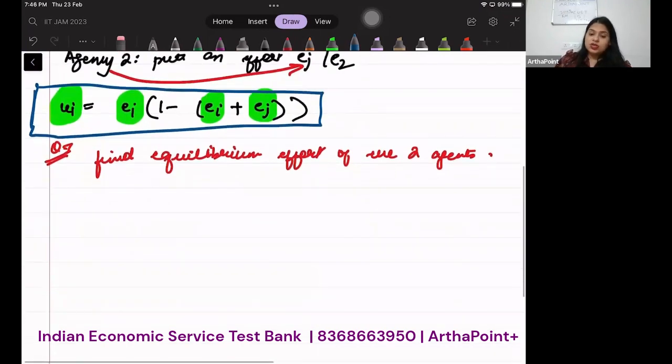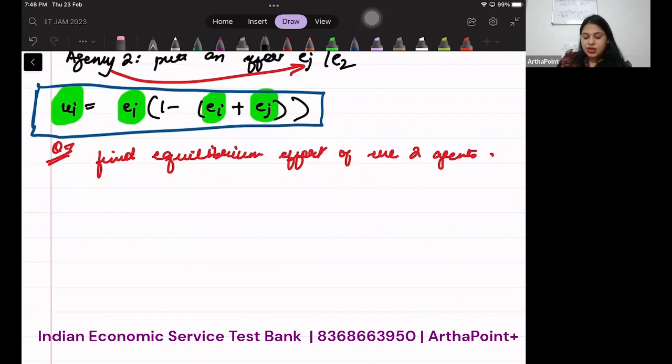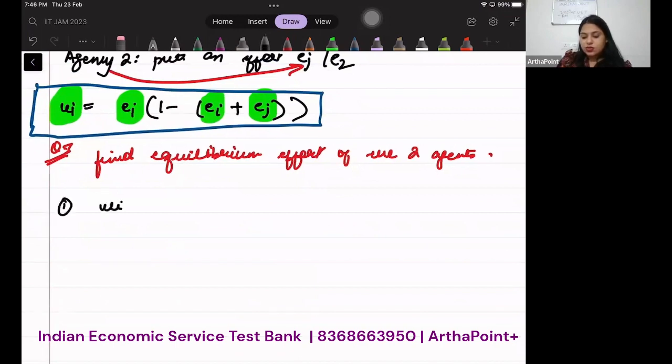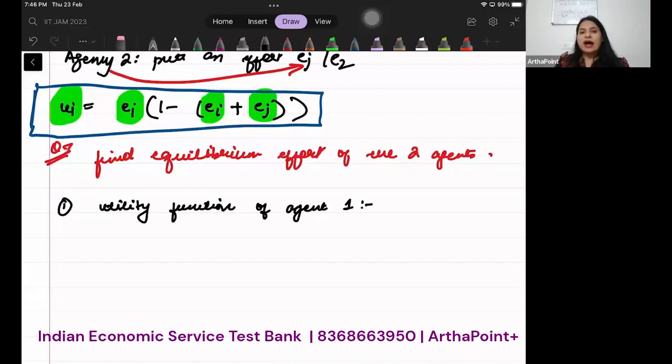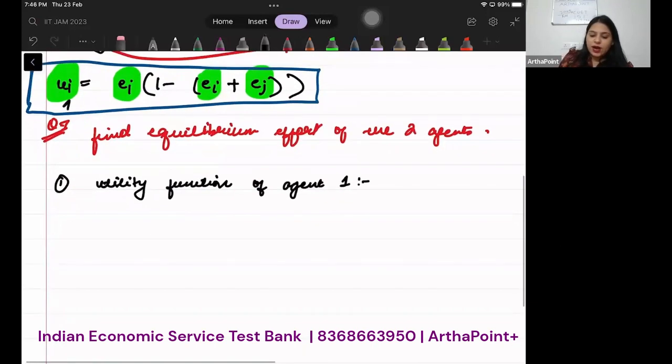Now, how will we do this? Let us first write down the utility function of agent 1. I will replace I with 1 and J with 2. So what will be the utility function of agent 1?